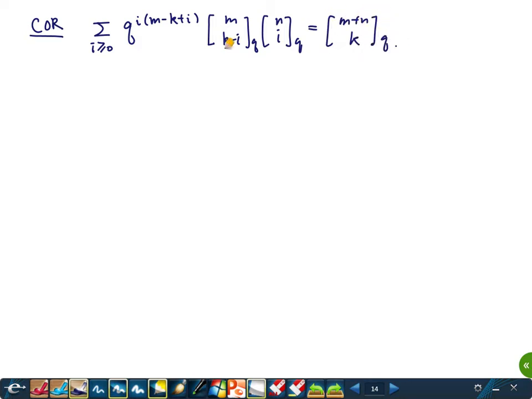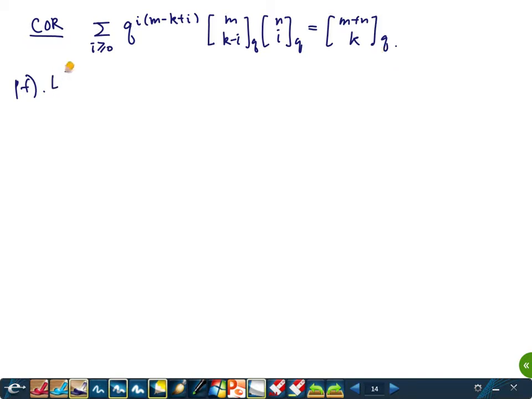The Vandermonde identity is like the binomial coefficient without this. When q approaches 1, this becomes the usual Vandermonde identity. So let's prove this using basic hypergeometric series. An identity like this can be proved by the same steps. First, express this as a basic hypergeometric series, and try to see if you can use any known identity, and that will finish the proof.